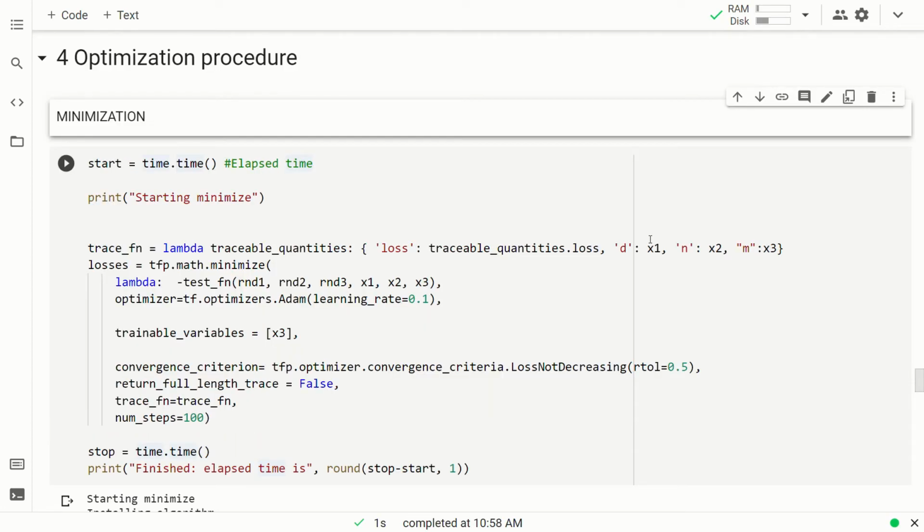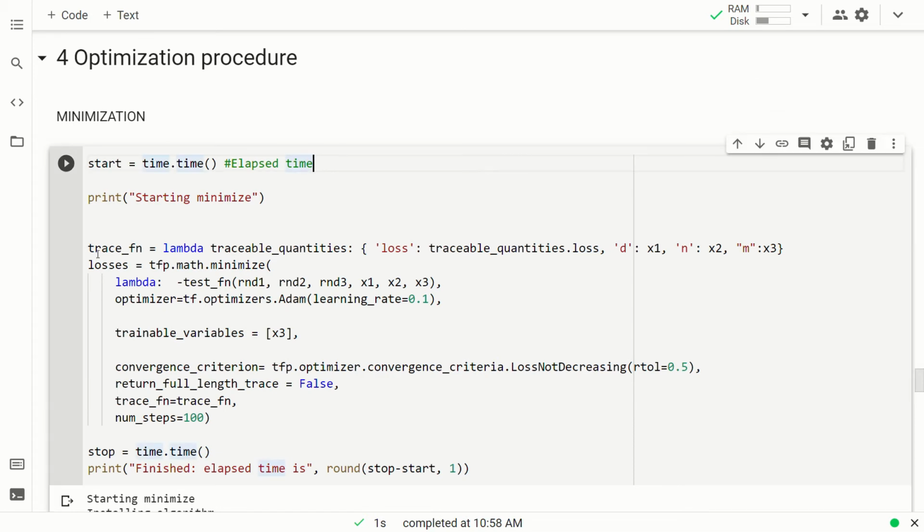Okay, so here in the fourth step is where the optimization kicks in, where the algo goes live. And here I am defining it. So have a look at this. I defined the trace function. So what to trace during the training of the algorithm.